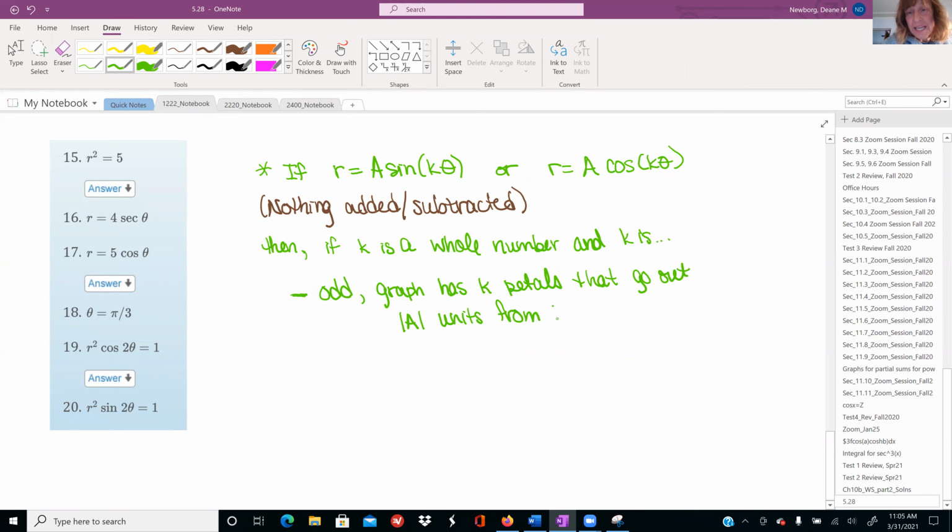So like the tips of the petals would be on a circle of radius absolute value of a.